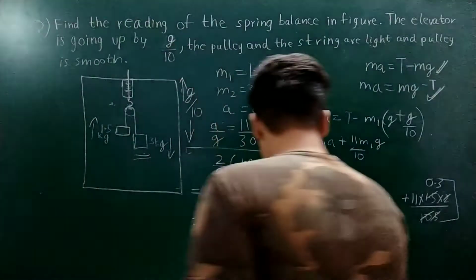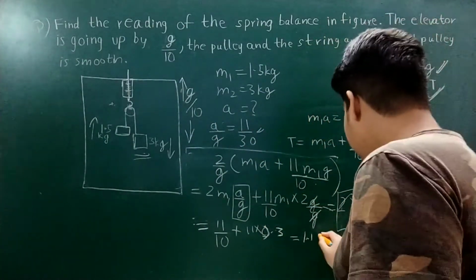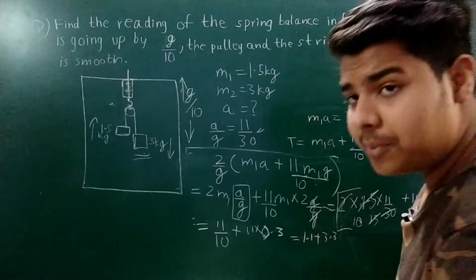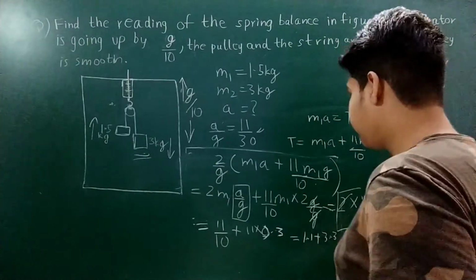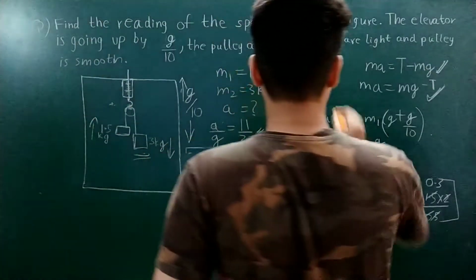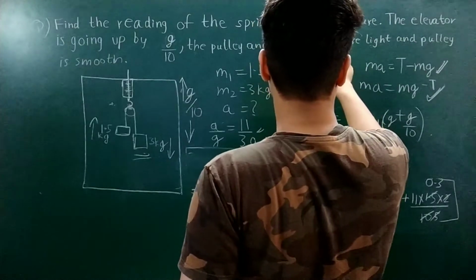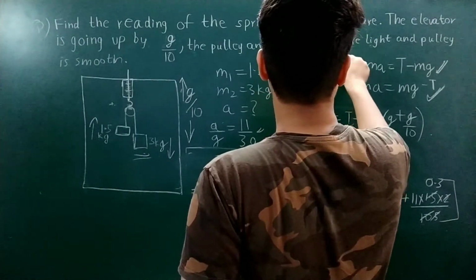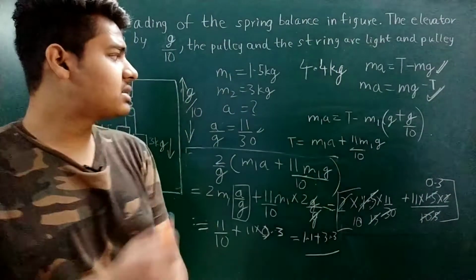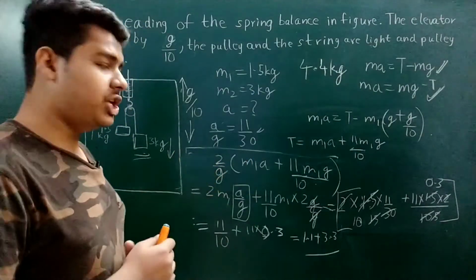So 11 by 10 means 1.1 and 11 into 0.3 means 3.3. And 1.1 plus 3.3 will be 4.4, and the units will be kg, because T is a value of MA, and G also means acceleration.